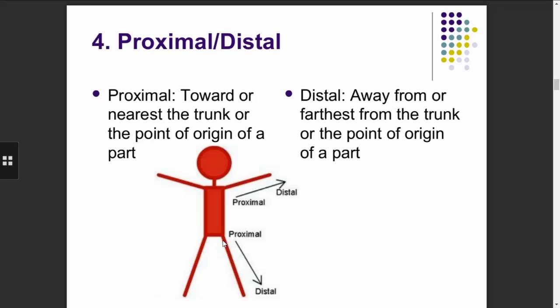So at the origin point, we call it proximal, and the most distant point we call the distal point. Distal means away from, the farthest from the trunk or the point of origin of a part.